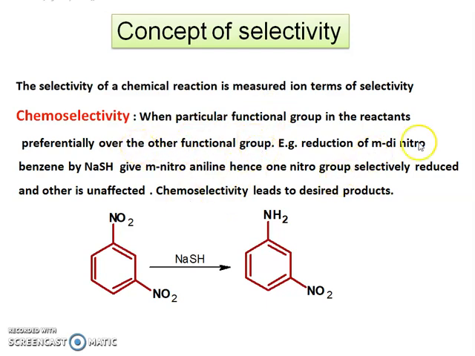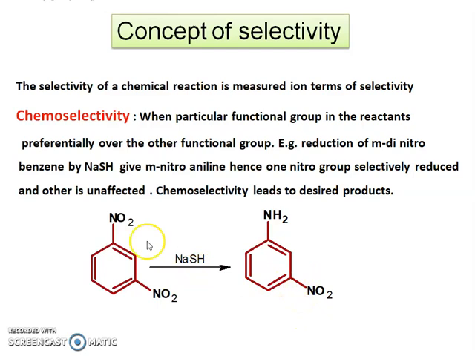For example, this reaction is the reduction of m-dinitrobenzene by using sodium sulfide. What happens? There are two functional groups, that is one nitro group and another nitro group. But only one of these nitro groups reacts and is converted to NH2, and the other NO2 group remains.